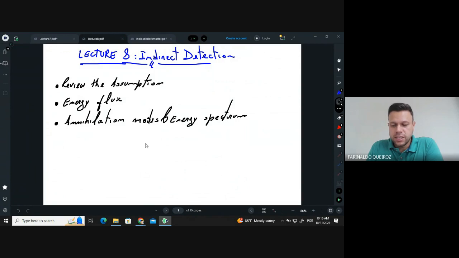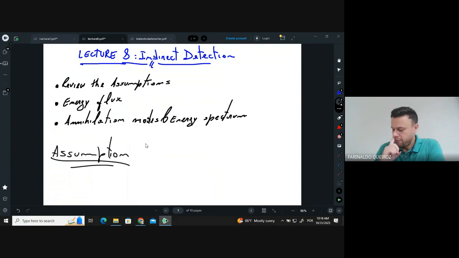So let's warm up regarding direct detection of dark matter. Let's review the assumptions. The assumptions I want to emphasize are, first, that we are not probing the thermal relic.